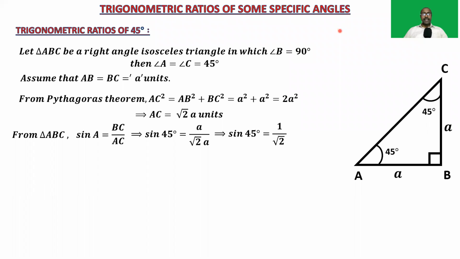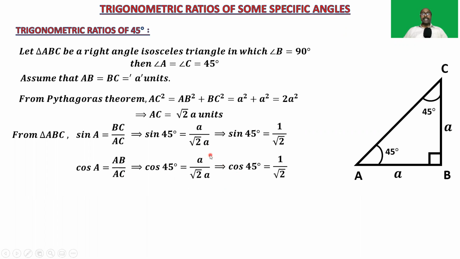And cos A equals adjacent to A by hypotenuse, that is AB by AC. And we have A equal to 45 degrees, AB is A and AC is root 2 into A. So by cancelling A, we get cos 45 equals 1 by root 2.